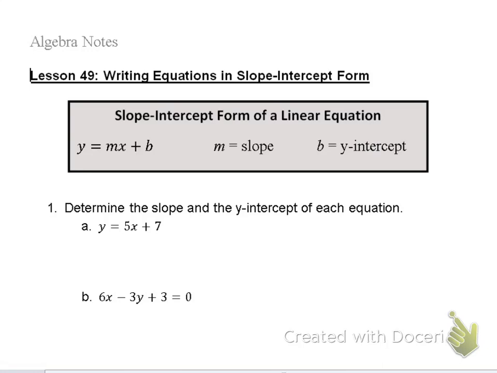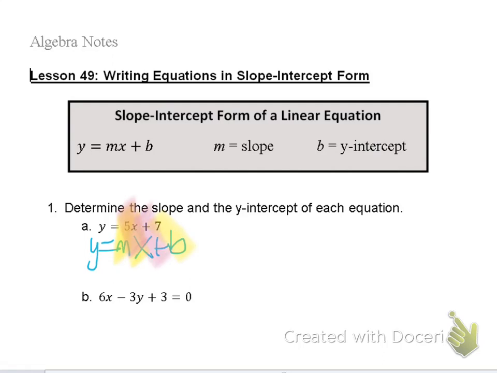Looking at the first example here, determine the slope and the y-intercept of each equation. If I were to write y equals mx plus b right underneath this equation, then you could see the 5 is right above the m, and the 7 is right above the b, and the x lines up with the x, and the plus sign lines up with the plus sign.